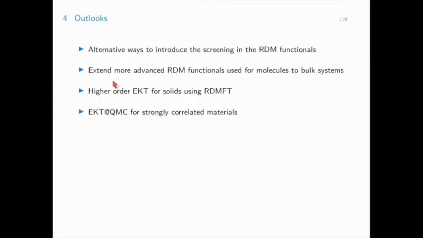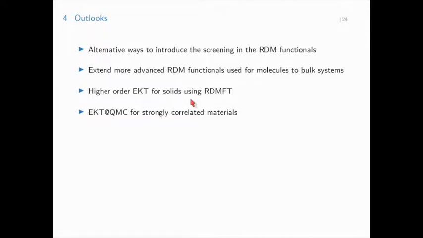And of course, it will be interesting to do this within the framework of reduced density matrix functional theory. Another interesting point would be to produce a set of reference calculations, for example, obtained by combining the EKT with quantum Monte Carlo, to have a reference to compare with the outcome of the three previous points.